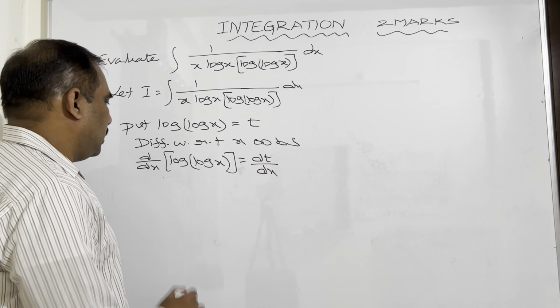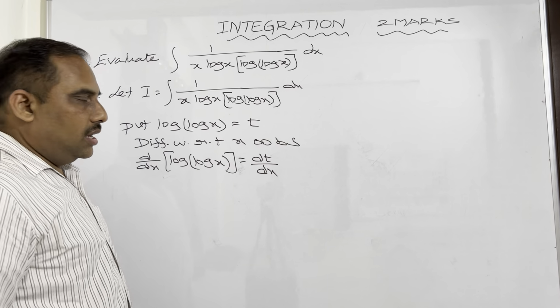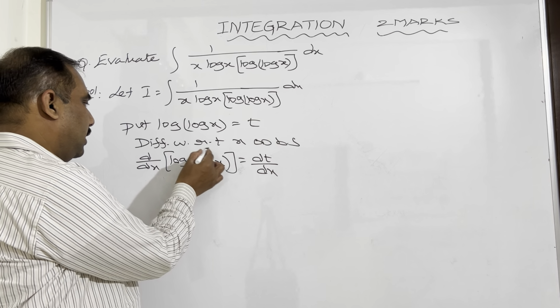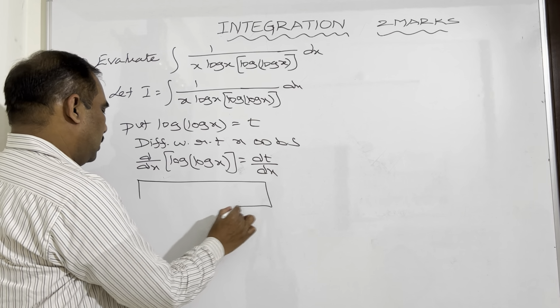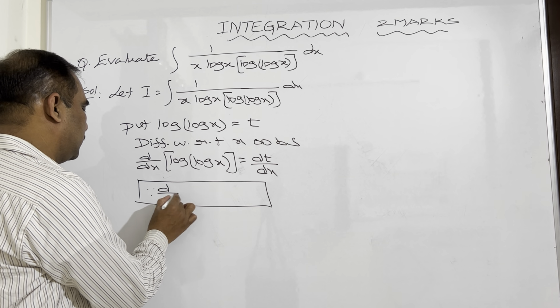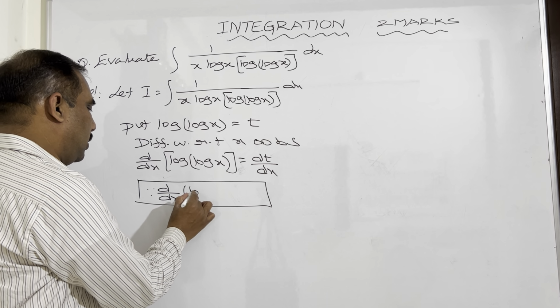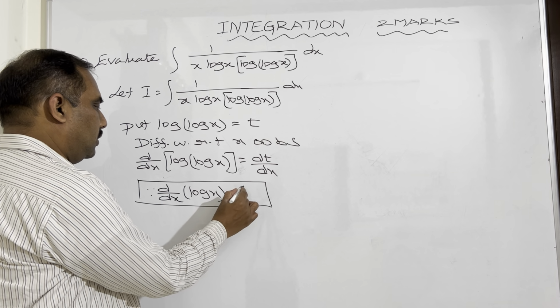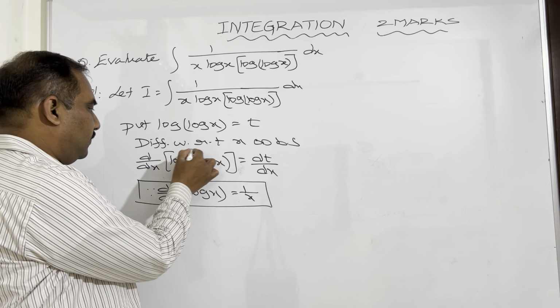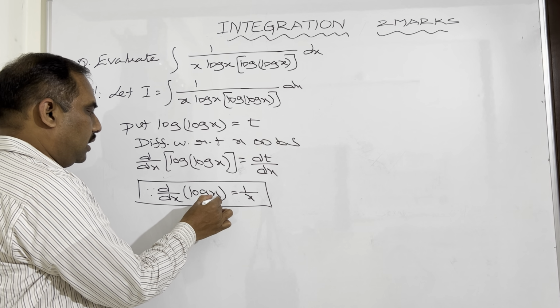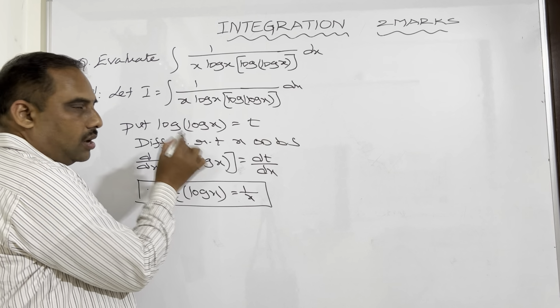Observe here, this log of log x is like log x, where in place of x we have log x. We know that the derivative of log x, d by dx of log x, is 1 by x.